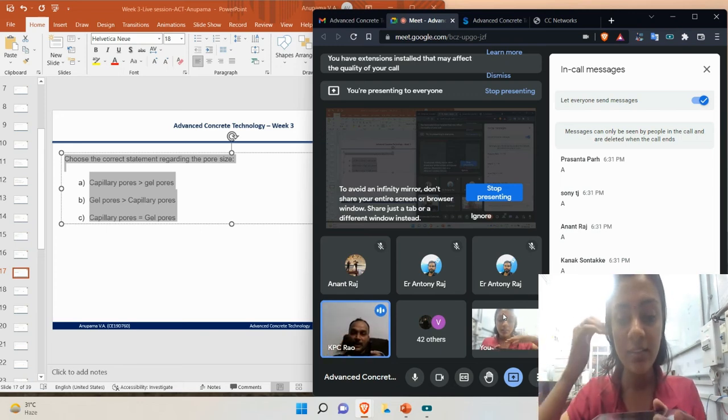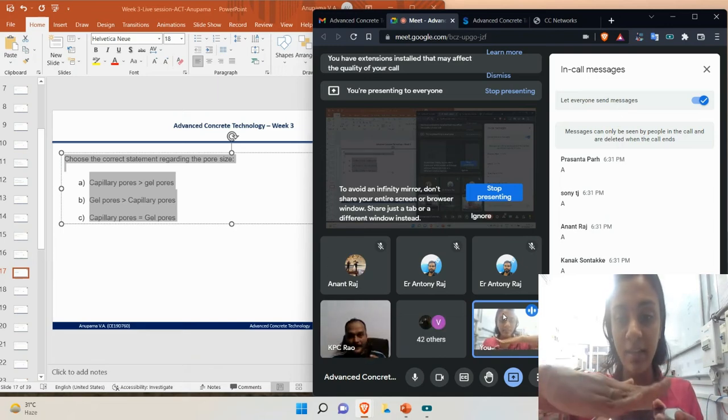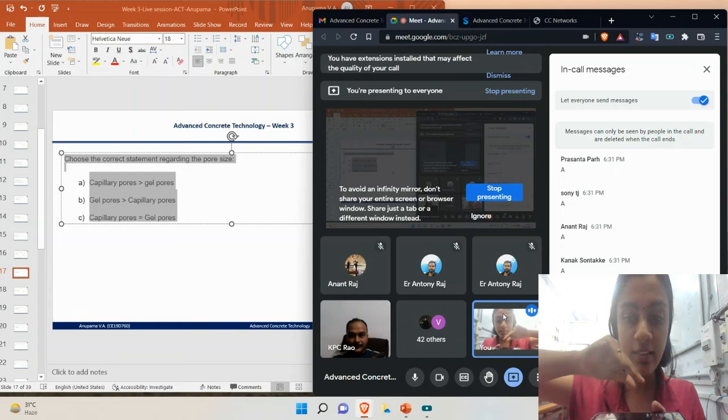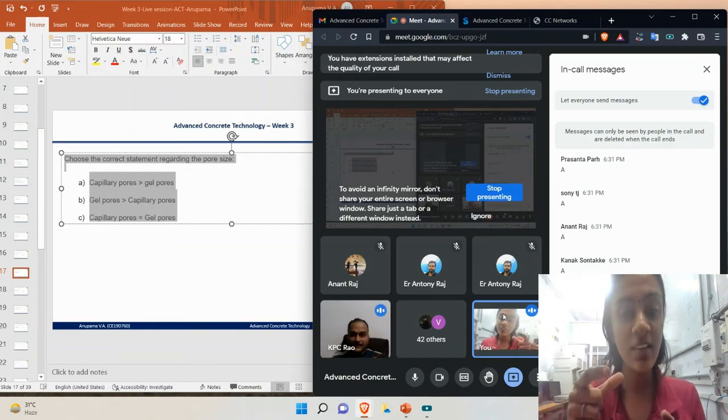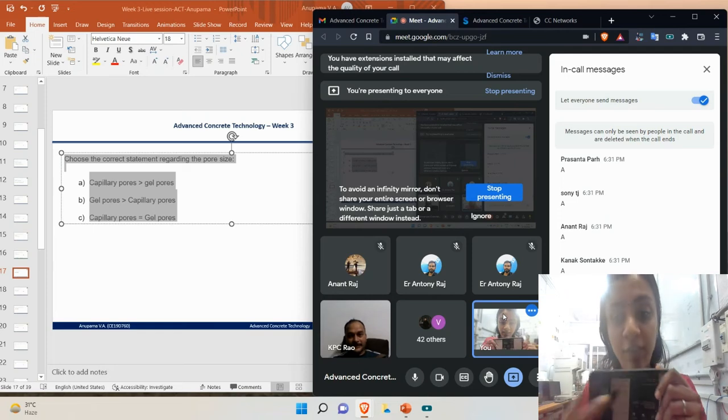Can't we make out? If the pore is along the horizontal plane as we are cutting, then we can see the depth. Suppose you're cutting it like this, if the pore is like this, then you can see the depth again.